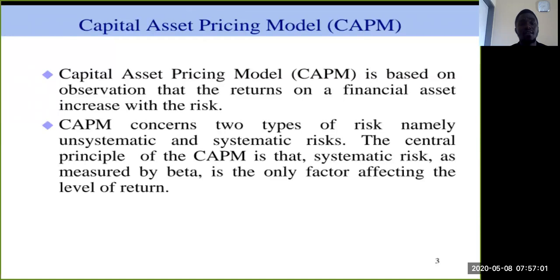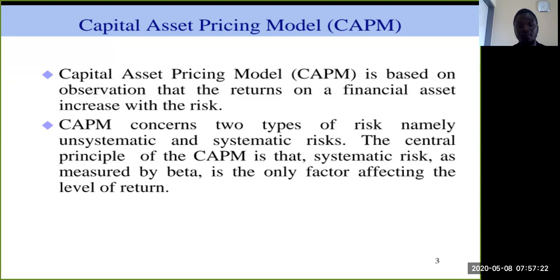So the assumption behind the capital asset pricing model is that when we observe the returns on financial assets, they increase with risk. The higher the returns, the higher the risk. That is what we observe.